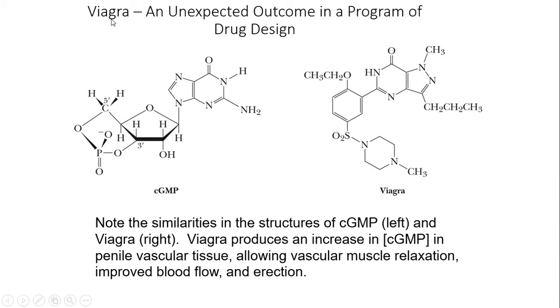Viagra is basically a phosphodiesterase inhibitor. The phosphodiesterase cleaves the cyclic GMP to form GMP, so it's no longer cyclic or 5' GMP. When that happens, that initiates muscle contraction again. So the thought was if we can inhibit that phosphodiesterase, we're going to keep the concentrations of cyclic GMP high, and then vascular muscle relaxation, and so forth.